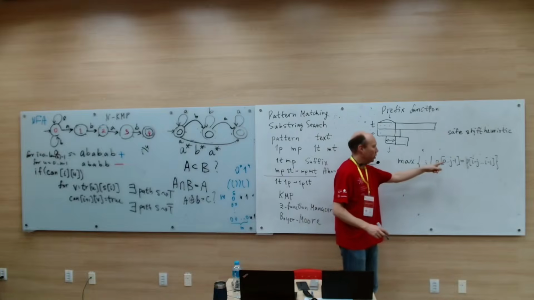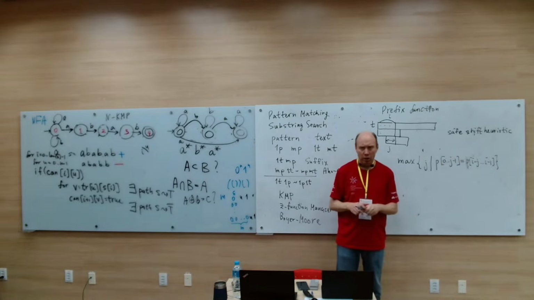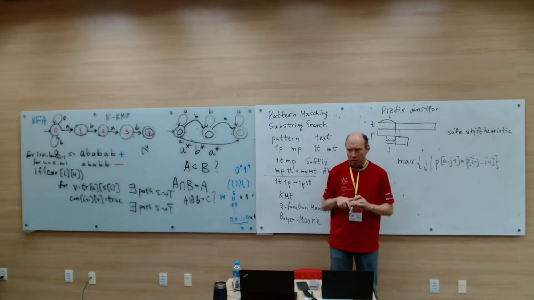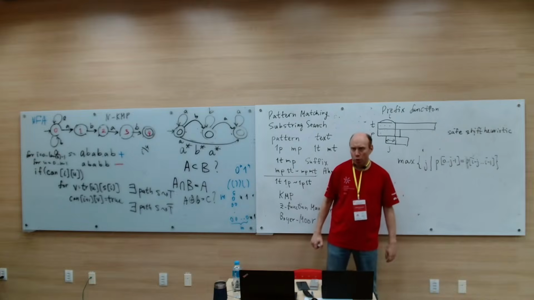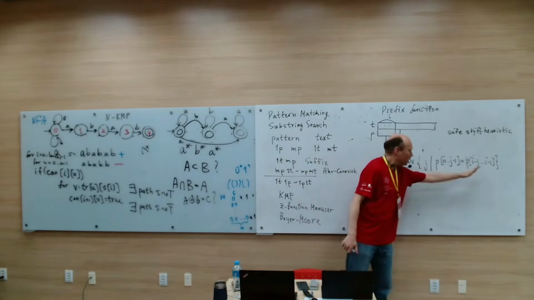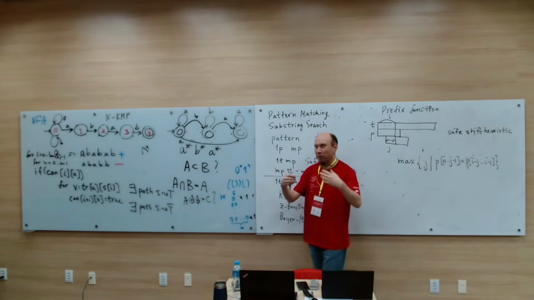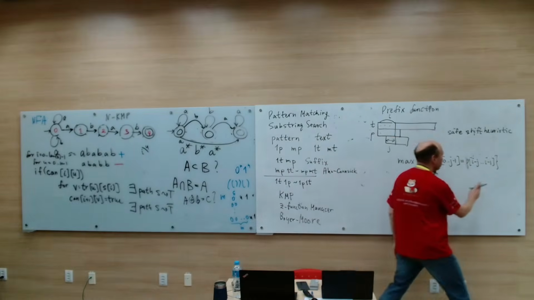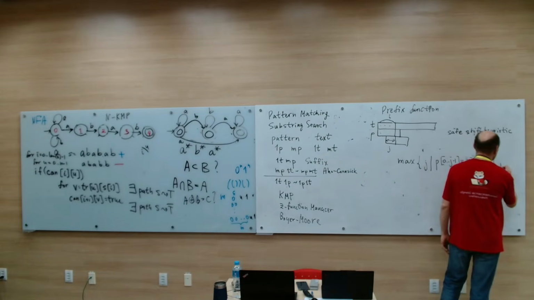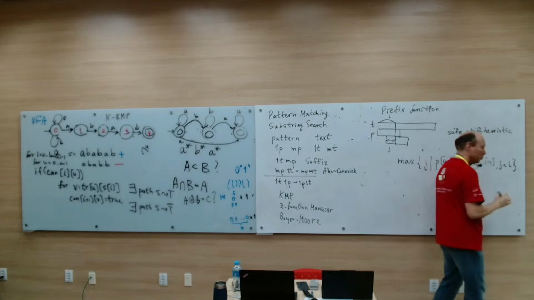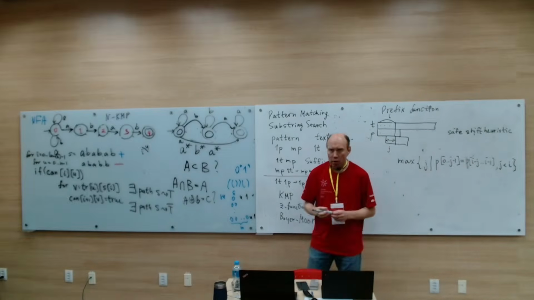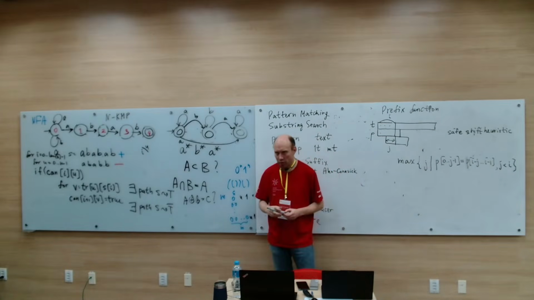Another thing we need to say is that J is smaller than I, because if it's equal to I, it definitely works, and it's definitely the maximal possible. So this is called the prefix function.